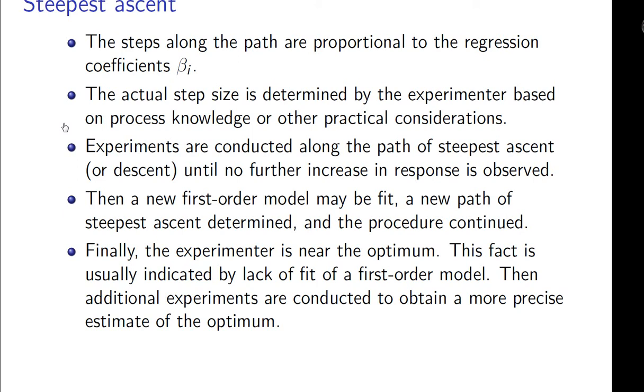It'll fit the tangent plane, but it won't fit the response surface. When you know you have a poor fit, then you know you must be close, and then you'll perform additional experiments yet again to get to a more precise estimate. You generate a new model.